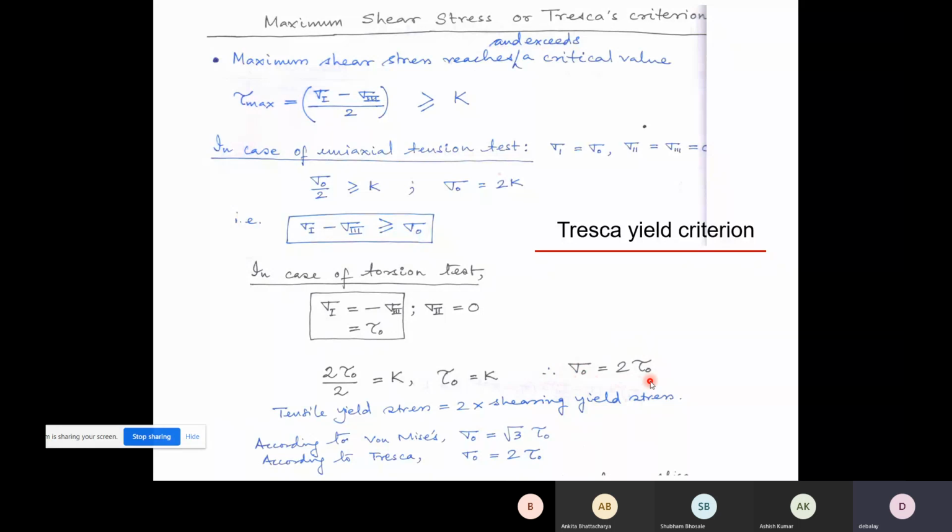So if you apply torsion, yielding will occur at 150 MPa when your tensile yield strength is 300 MPa. So in Tresca's criterion, the relation between tensile yield strength and torsional yield strength is sigma naught equals 2 tau naught.